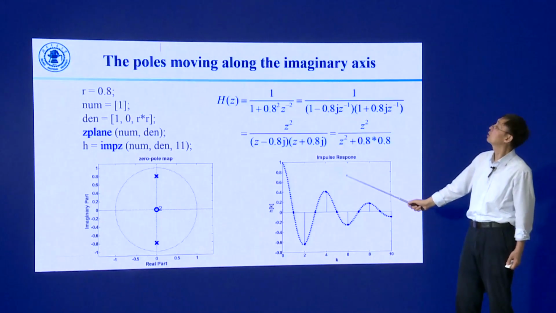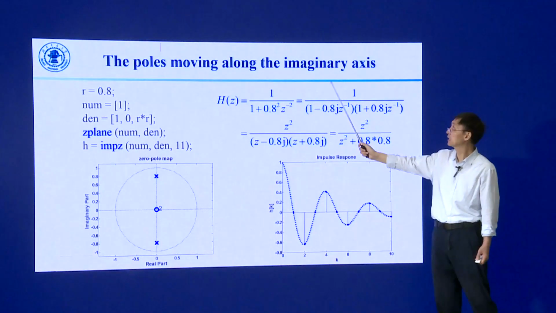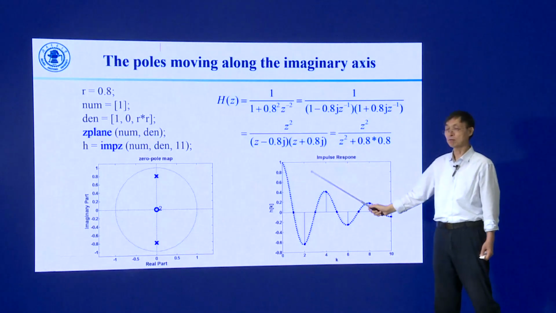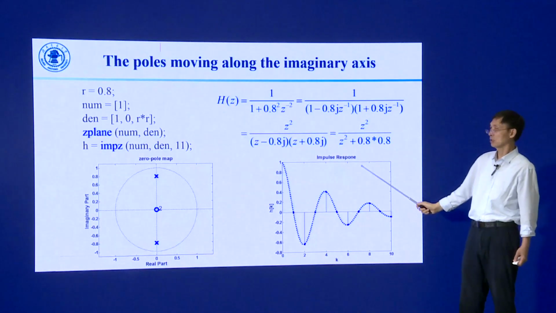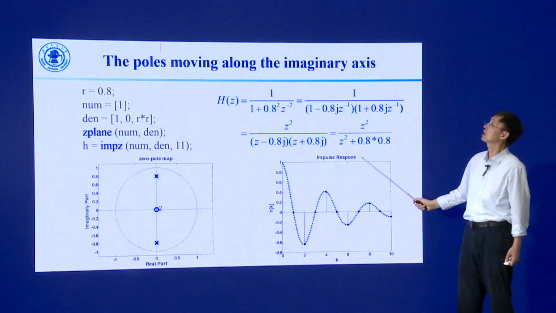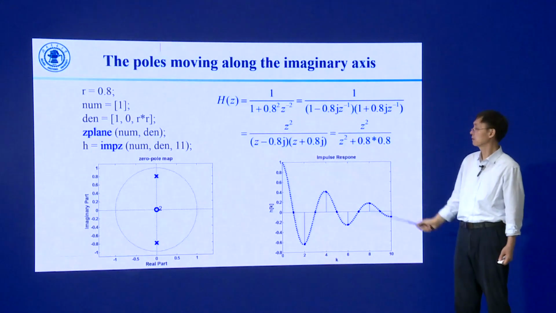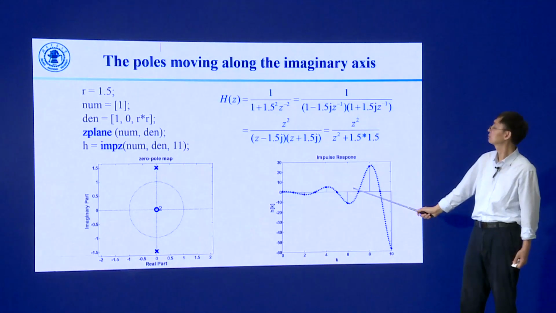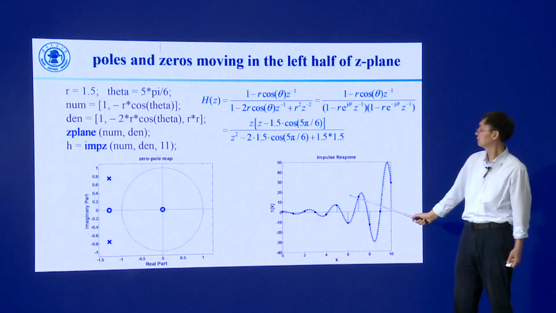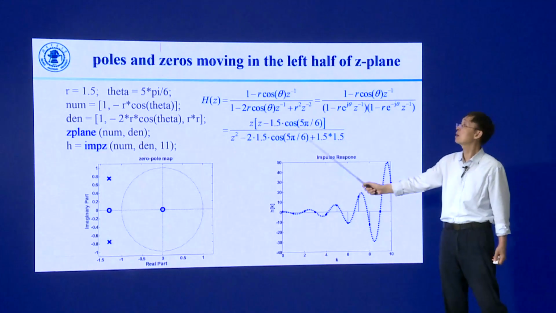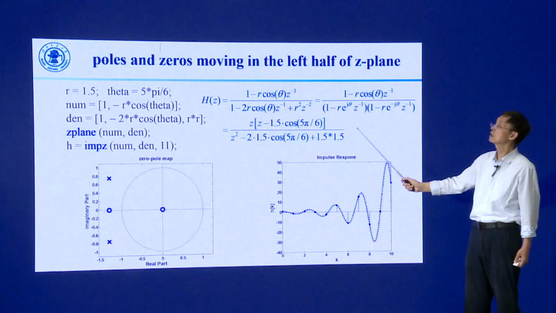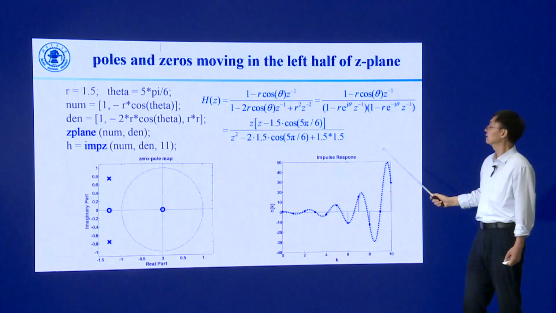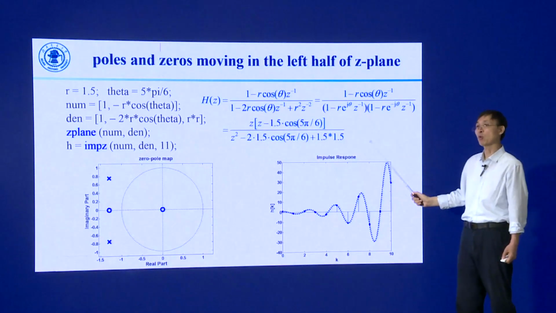If the pole moves along the imaginary axis, we can find the impulse response will change with the pole moving. When the poles and zeros move in the z-plane, the impulse response will change.